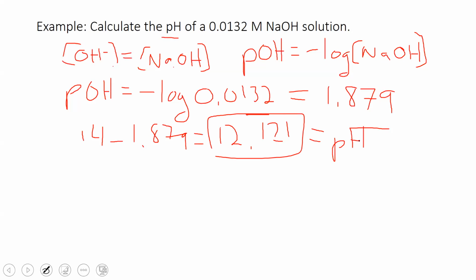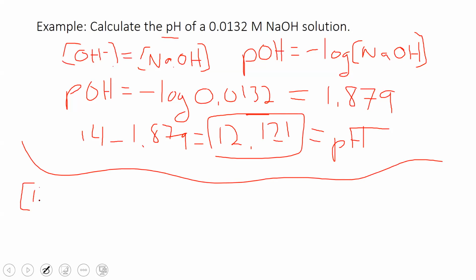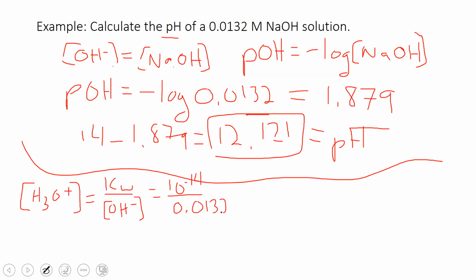Of course, the other way you could do this, right, is if you wanted to find the concentration of hydronium ion. So there are multiple ways of doing it, and we know the concentration of hydronium ion is Kw divided by the hydroxide ion concentration, which is the same as 10 to the minus 14 divided by the hydroxide ion concentration, in this case, 0.0132.